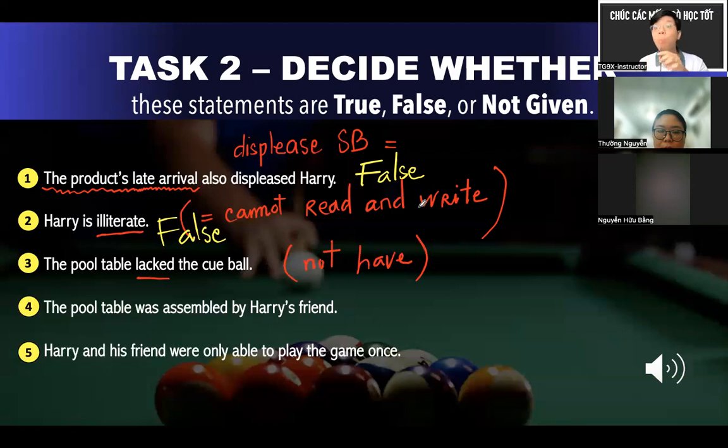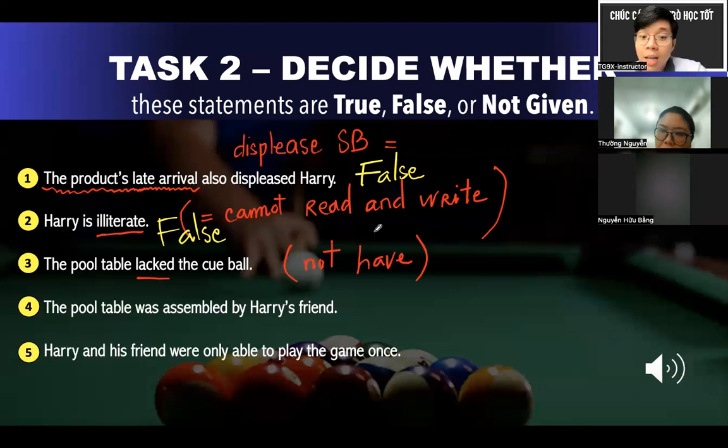I'm quite confused about this question because it says that Harry is illiterate, but there is no clue saying that he is illiterate in English or in any language. In the audio, he said that he cannot read Spanish or Polish. It means he can read English, but this information is not enough.